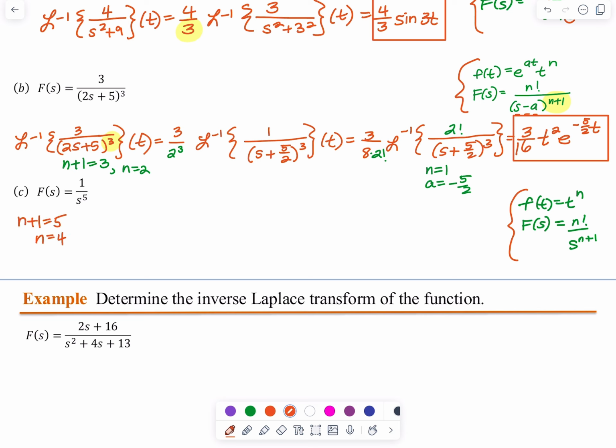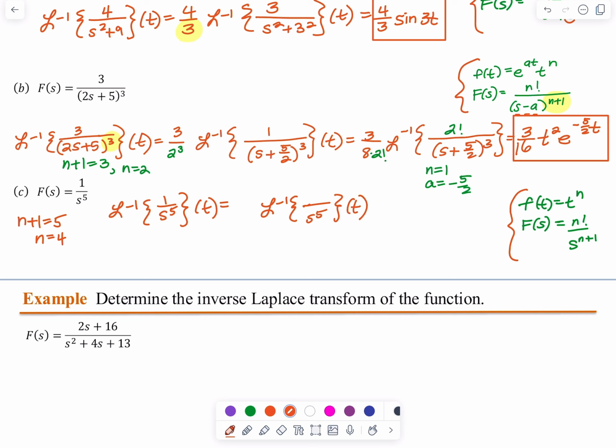So we have that the inverse Laplace transform of 1 divided by s to the 5th of t is equal to, and using this formula here, we're going to have, leave a little blank there, Laplace transform, and we will have s to the 5th power, because it's s to the n plus 1 power, in the denominator, and that will be of t.